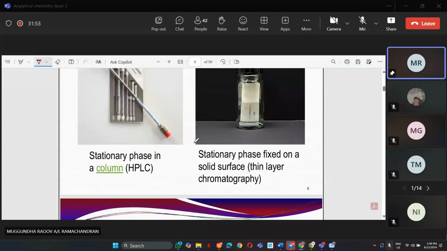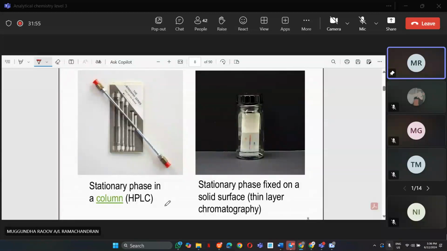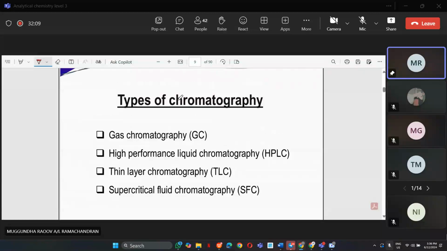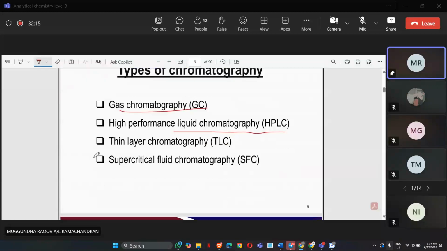Class, this is an HPLC column. We call this a column, and inside the column it has the stationary phase. And this is a stationary phase fixed on a solid surface. This is TLC, thin layer chromatography. The types of chromatography are gas chromatography and high performance liquid chromatography. We also have thin layer chromatography and supercritical fluid chromatography.